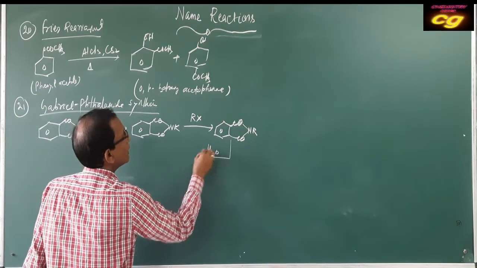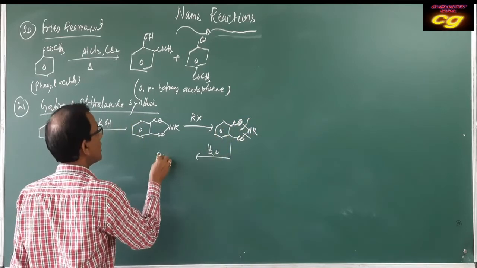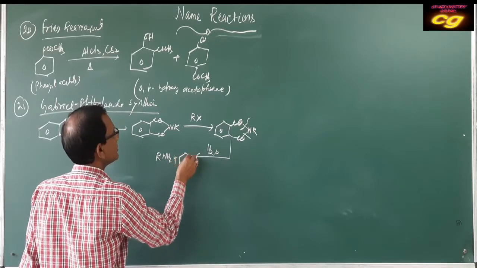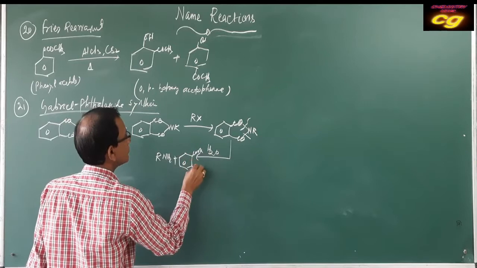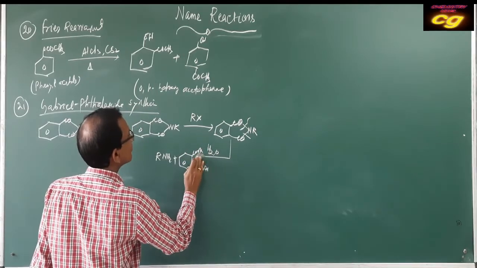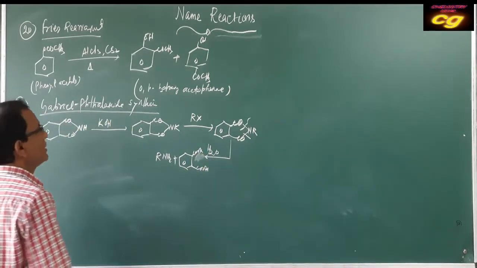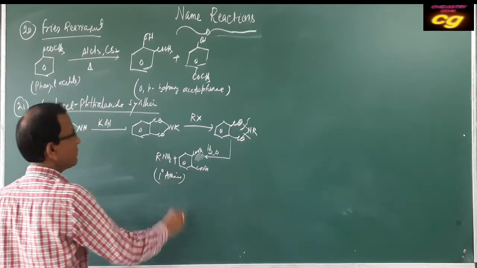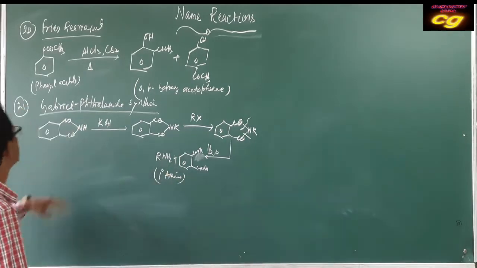When it undergoes hydrolysis, this part breaks and produces RNH2 plus phthalic acid. That is the primary amine.